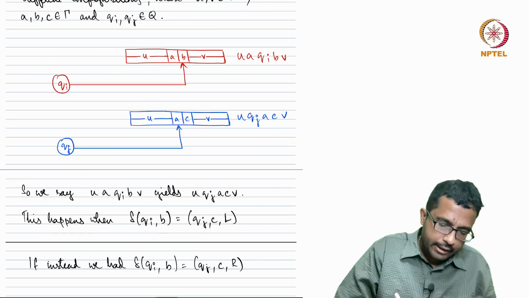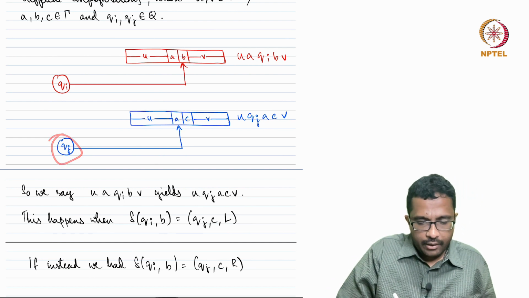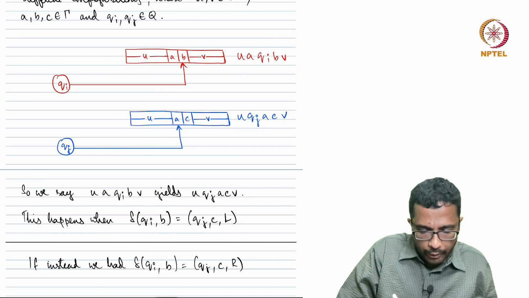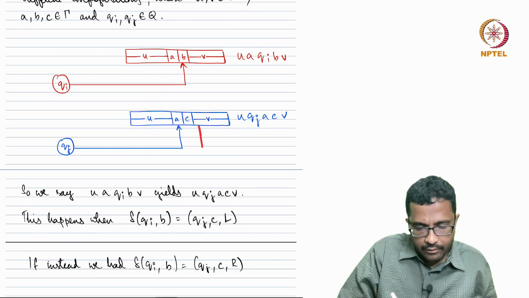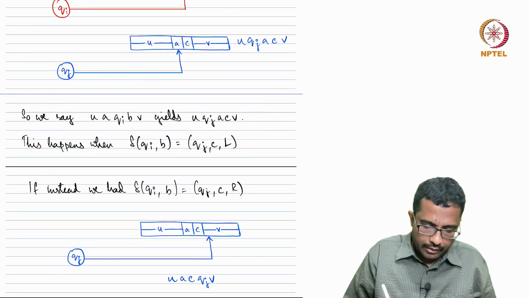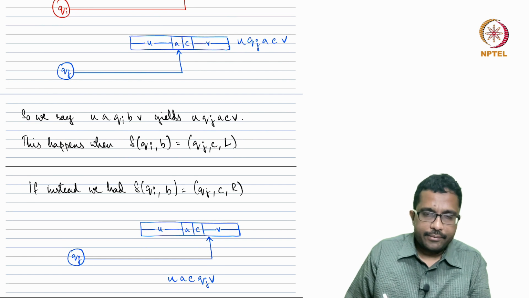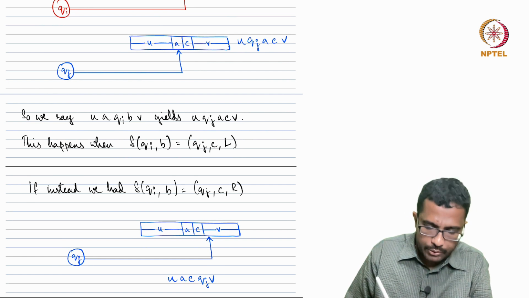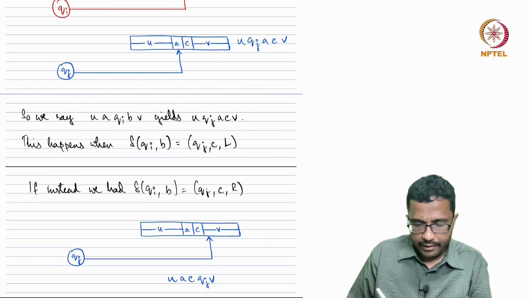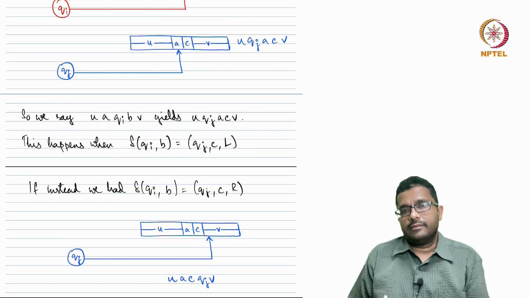It would overwrite it with C, it would enter state Qj, but instead of pointing at A, it would point at the first symbol of V, this place. So that I have depicted here. If the rule was delta(Qi, B) is (Qj, C, R), then this would be the configuration U, A, C, Qj, B, right.